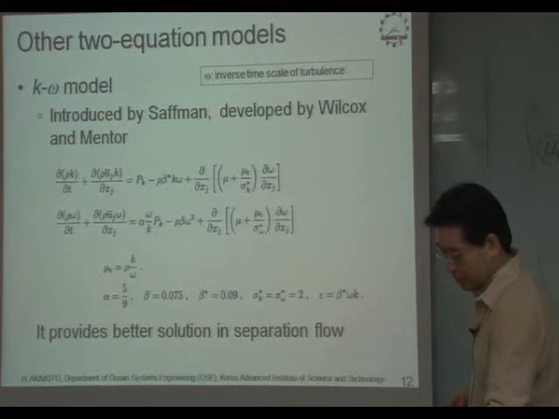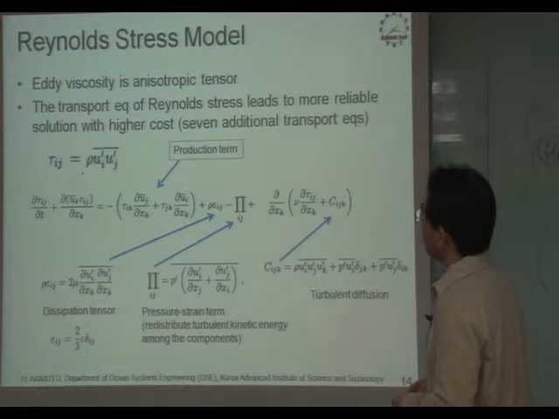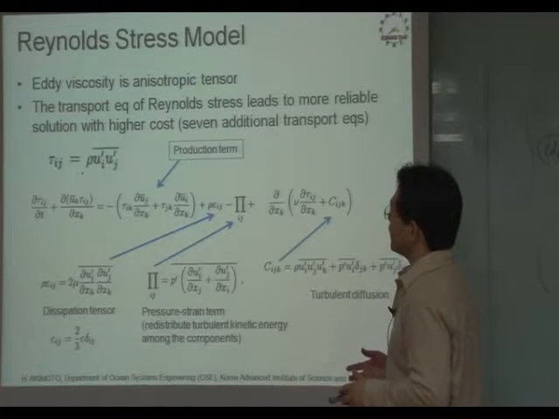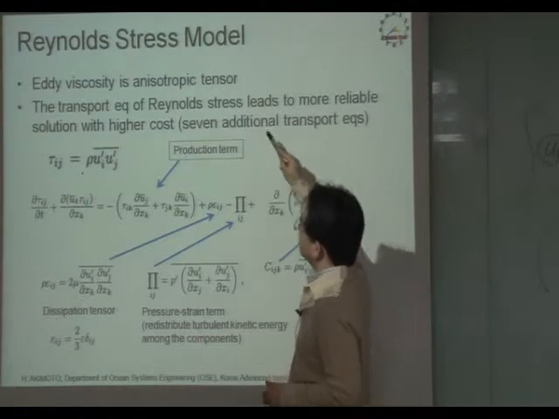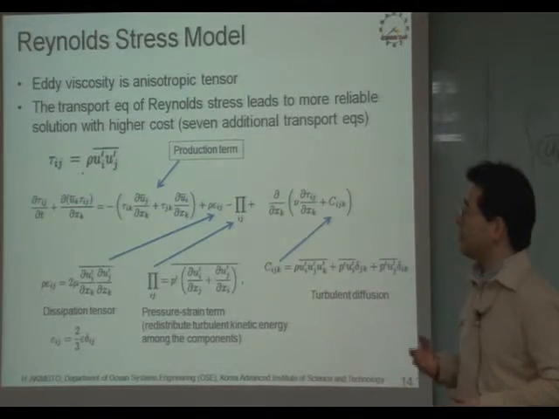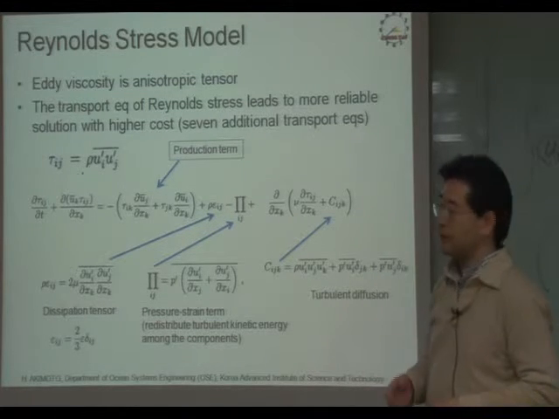It has some structures, and we have to consider eddy viscosity as an anisotropic tensor. So it has 9 components.